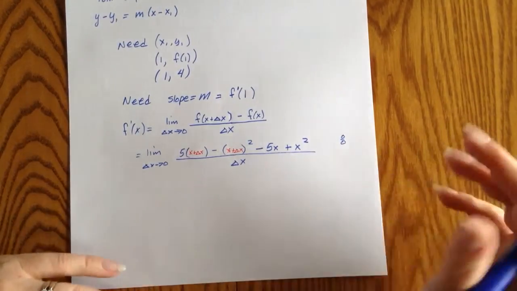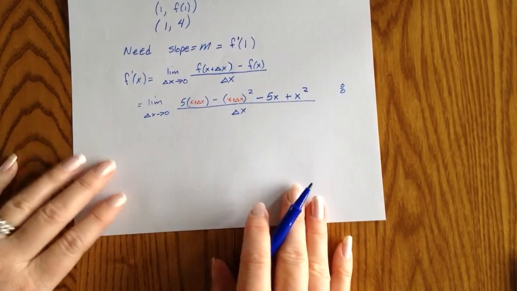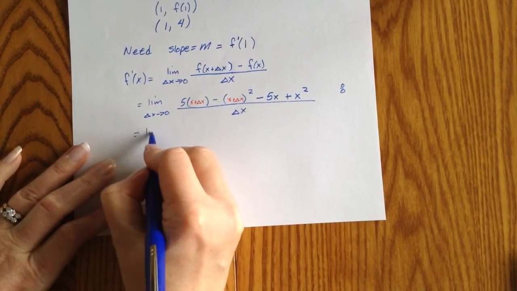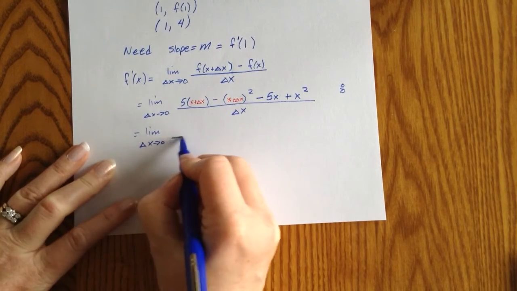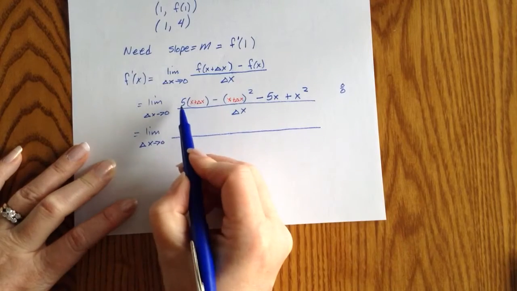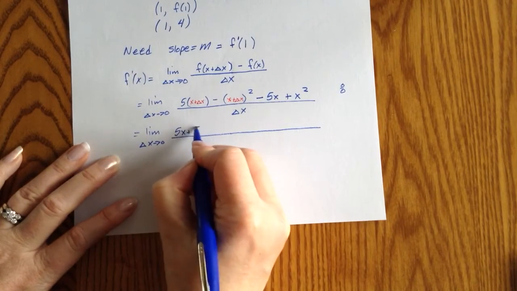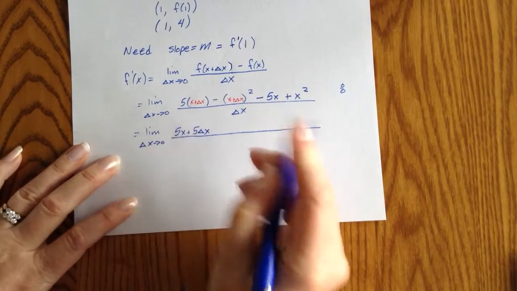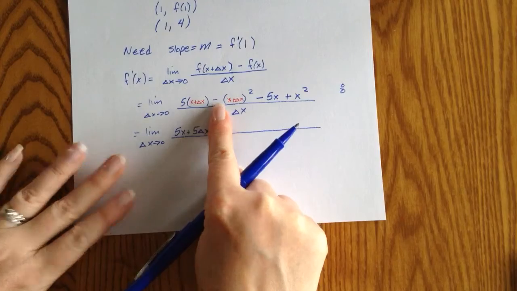Before we can do that, we need to multiply this out. Let's do this carefully. If you want to verify, and you should, each and every one of these steps, pause the video and do it yourself. I'm going to distribute the 5. Now, careful, order of operations. I need to FOIL this out first, then distribute the negative.